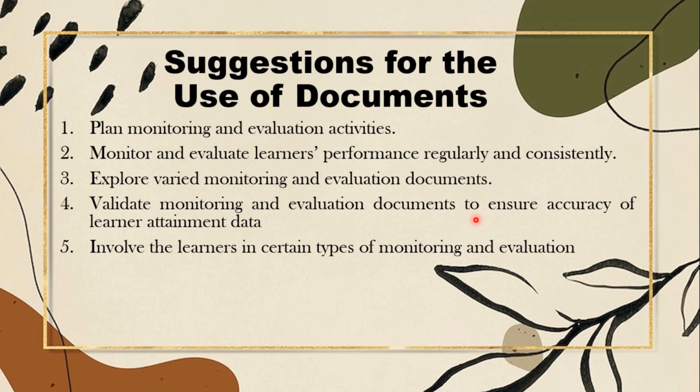Next, we have explore varied monitoring and evaluation documents. Although our schools provide us with the standard documents and school forms such as the DLL or the ECR, we can always find or create additional ones that can help us in the monitoring and evaluation process.